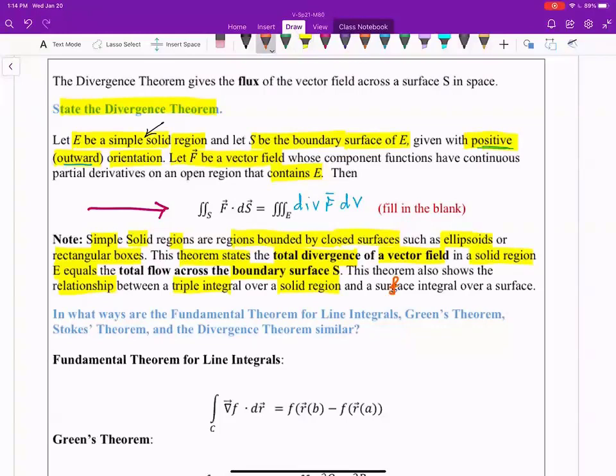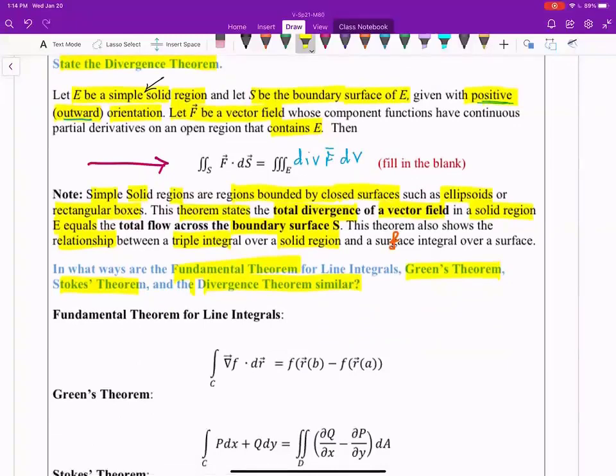In what ways are the fundamental theorem for line integrals, which we have seen before, Green's theorem, Stokes' theorem, and this divergence theorem similar?